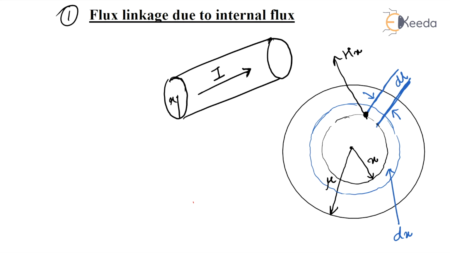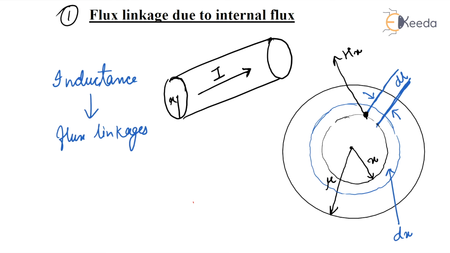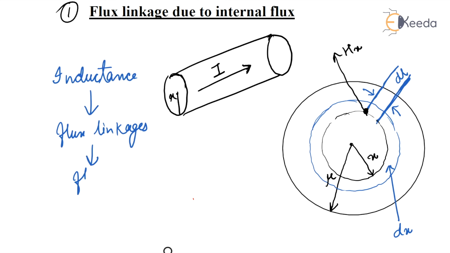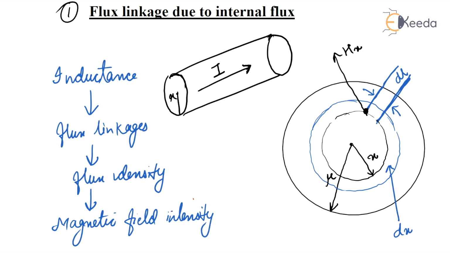For calculating inductance, you need to know flux linkages. For flux linkages, you need to know flux density. And for flux density, you need to know magnetic field intensity. Please remember this.